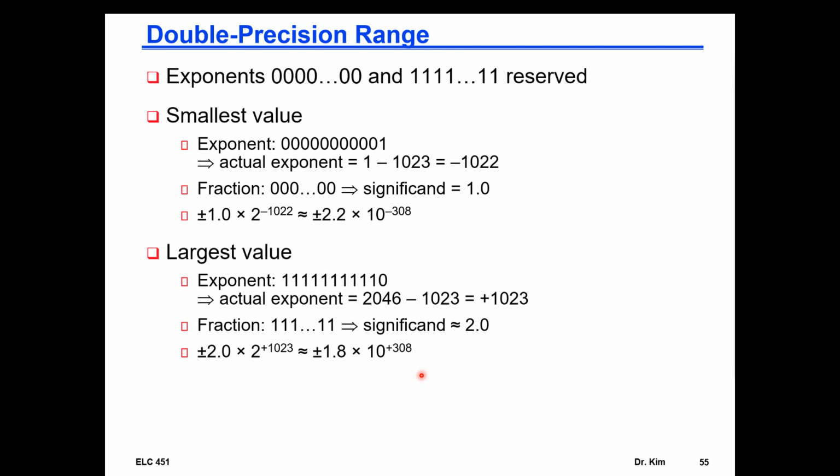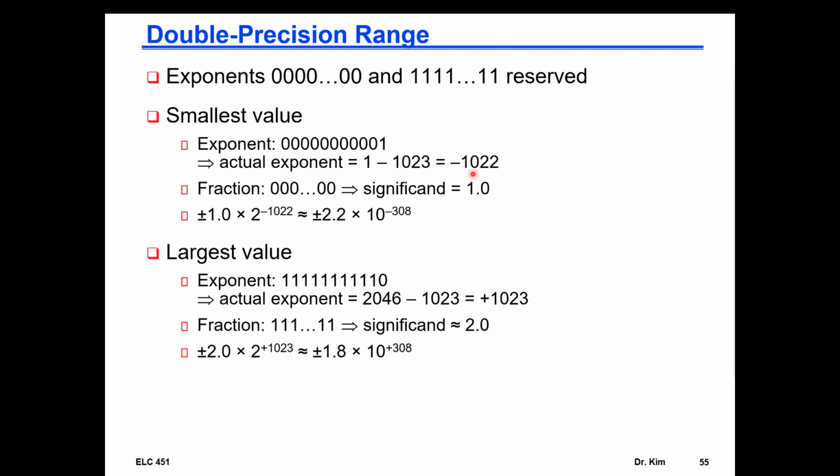Now let's look at it again in the double precision format. Do the same thing. Again, all zeros and all ones are reserved, so the smallest exponent is 1, and the bias is 1023, as I mentioned.